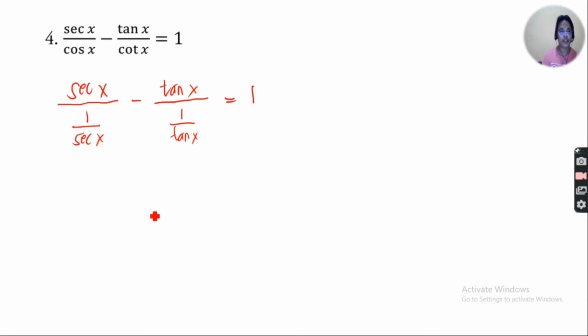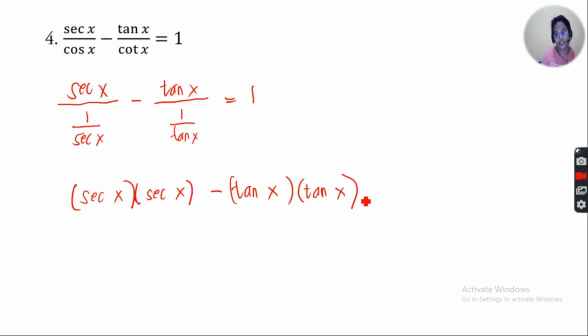So we have secant x multiplied by secant x kasi nag-reciprocal po, minus, or lagyan natin ng parenthesis, then tangent x, reciprocal of 1 over tangent x is tangent x, then is equal to 1.